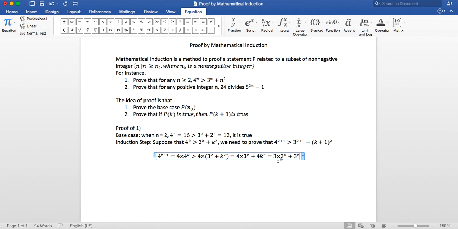Together it is 4 times 3 to the k power, right? Then I notice 4k squared can be written as k squared plus 3k squared.